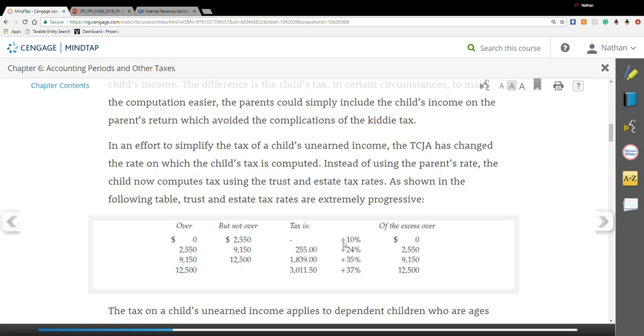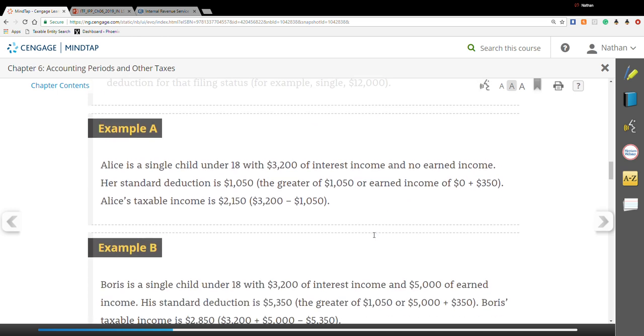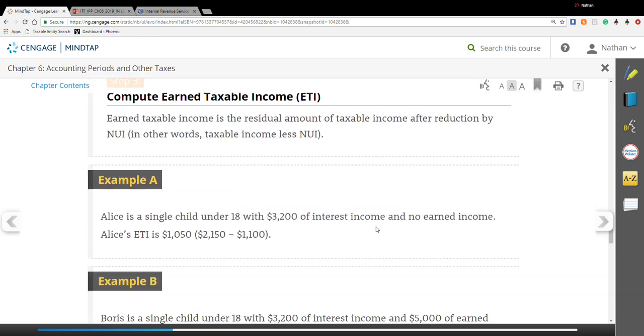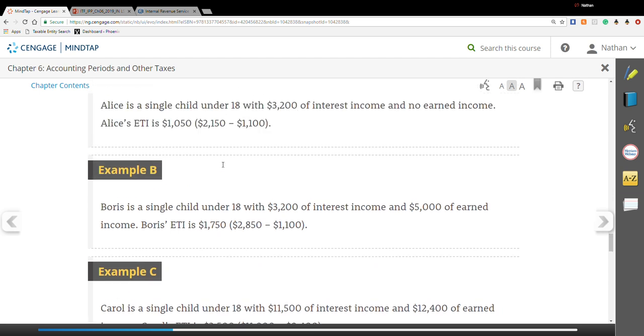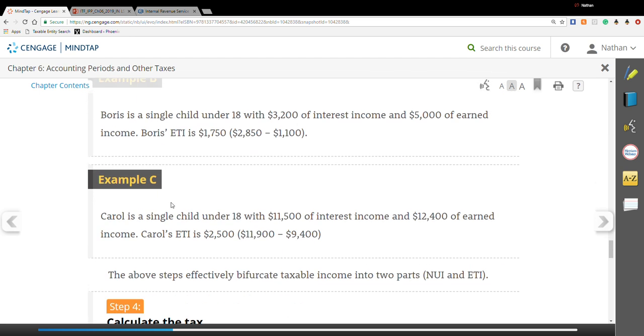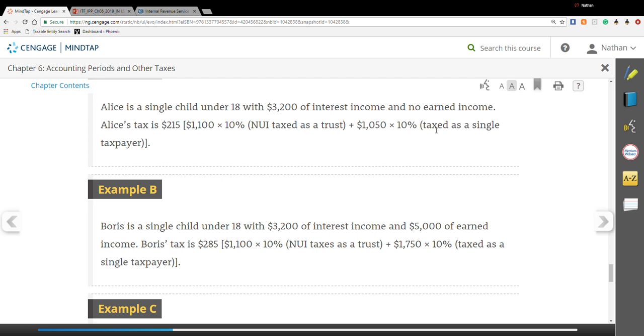So she gets 10%, the 1,100 times 10% of the tax at trust rates. Now, the 1,050 that we computed in step 3, the ETI, also gets times 10%, and she's taxed as a single taxpayer. So she gets the 10% right there. So we add those two together, and that's where we get Alice's tax.